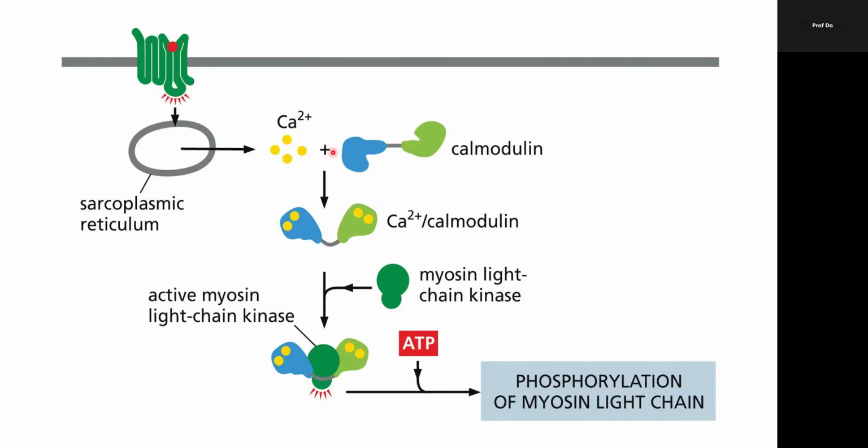Calcium gets released, and calcium will interact with the protein calmodulin. The calmodulin-calcium complex is going to interact heavily with your myosin light chain. It's going to wrap around it and cause some sort of phosphorylation in the myosin.